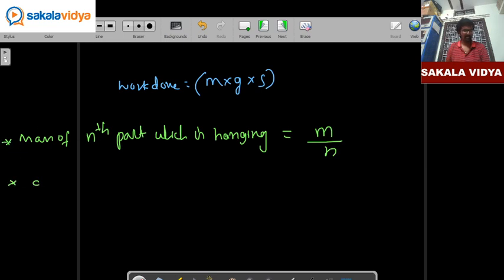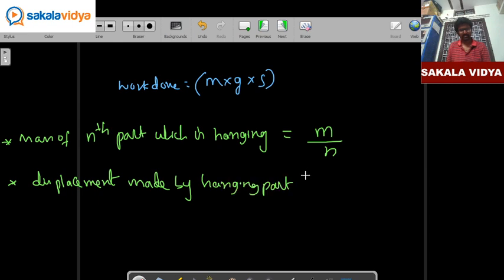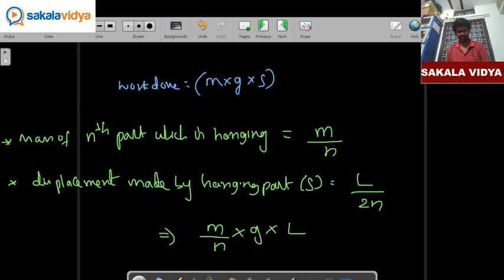The displacement made by the hanging part, S, is equal to L by 2n. So work done will be m by n into g into L by 2n.